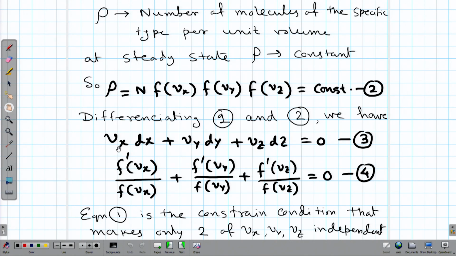One is this one, Vx dx, Vy dy. Oh, sorry, I should write Vx. Okay, so there is a mistake in this relation. Let me correct it for you.